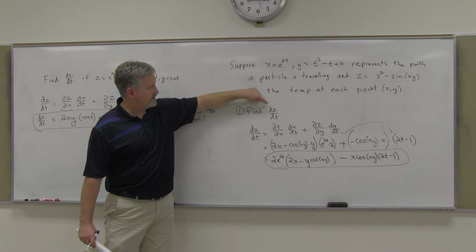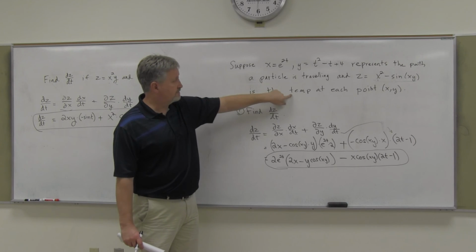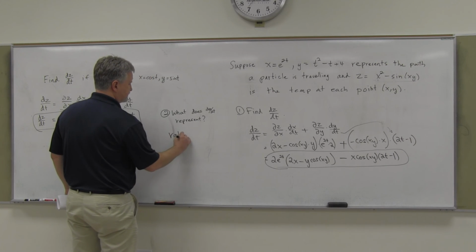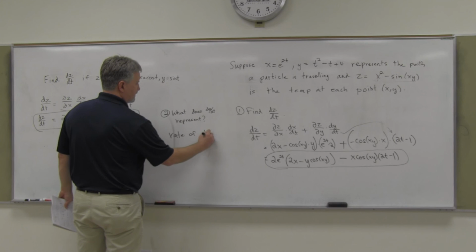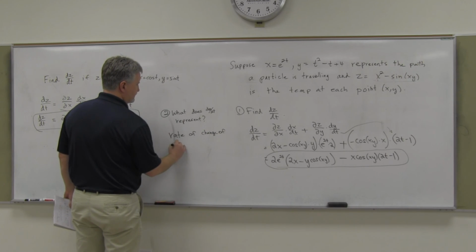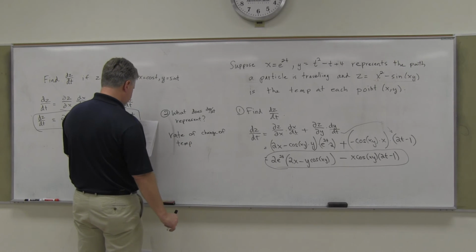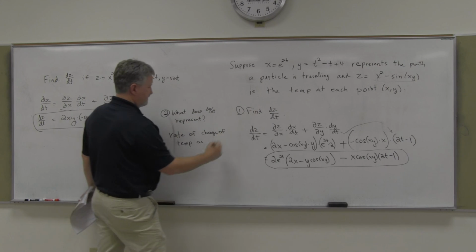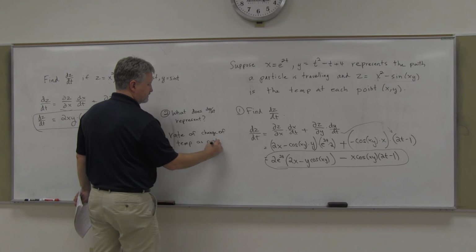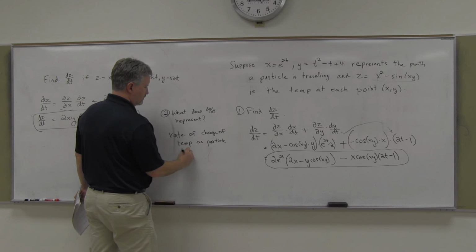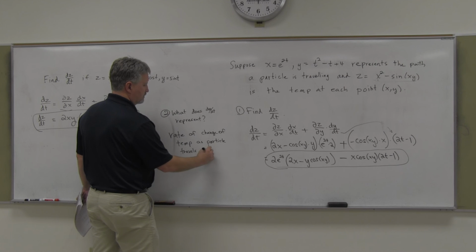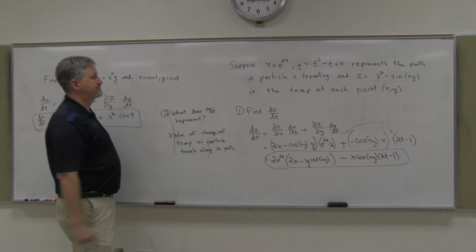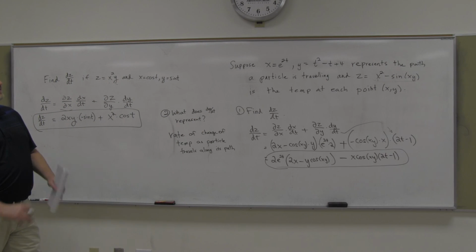It's just going to be the rate of change of the temperature, because z represents the temperature, as this particle travels along the path, which is given by the x and y equation here.